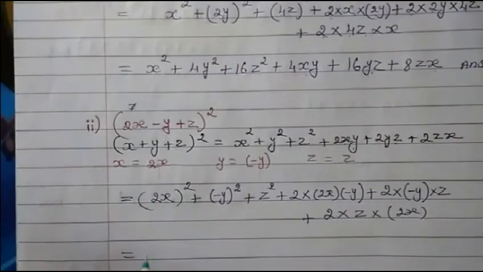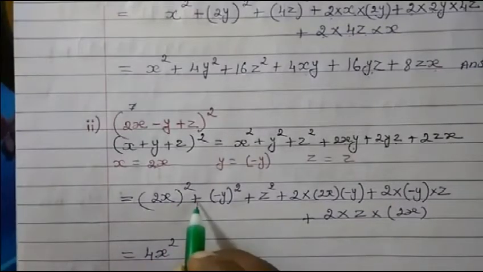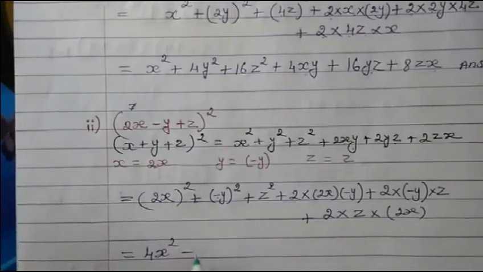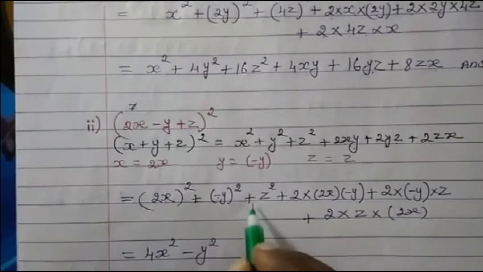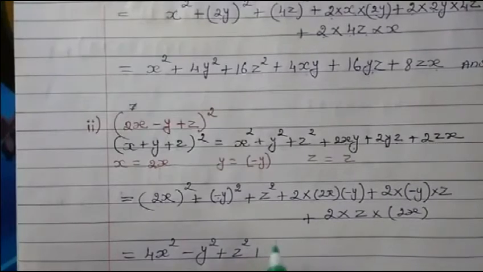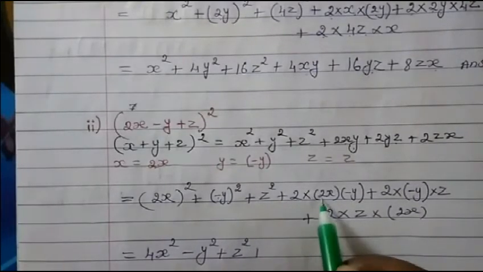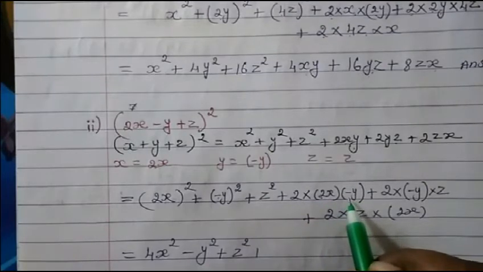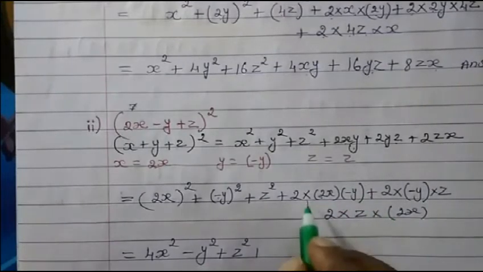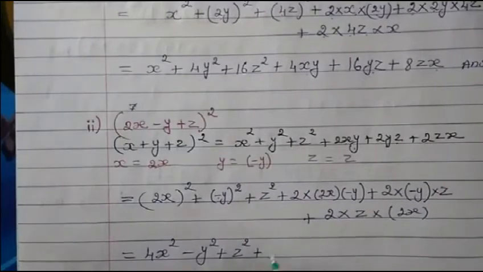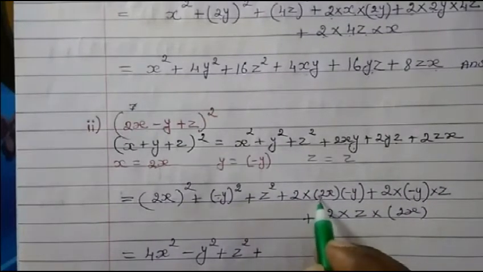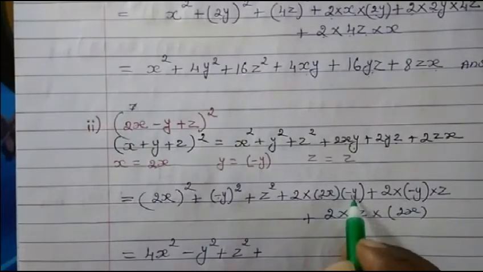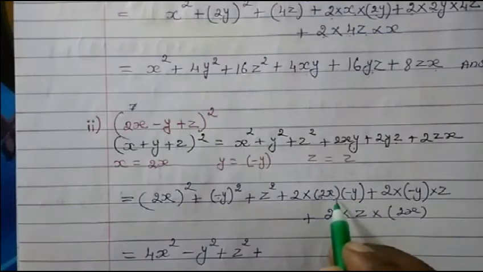So let's solve now. 2x square will be 2 square, which is 4, and then x square. Then now plus into minus will become minus y square. Now this will remain plus z square. Now 2 2s are 4. Then 4 into minus y will become minus. So here anyway I'll write down plus here. Now 2 2s are 4. 4 into minus y will become 2.